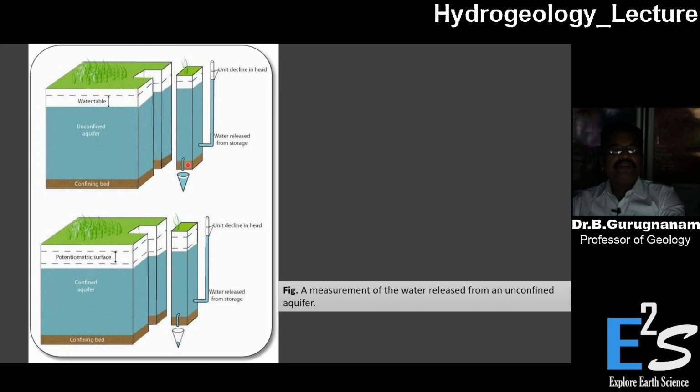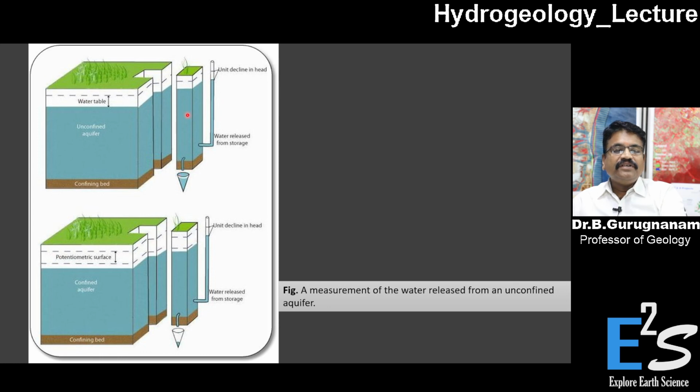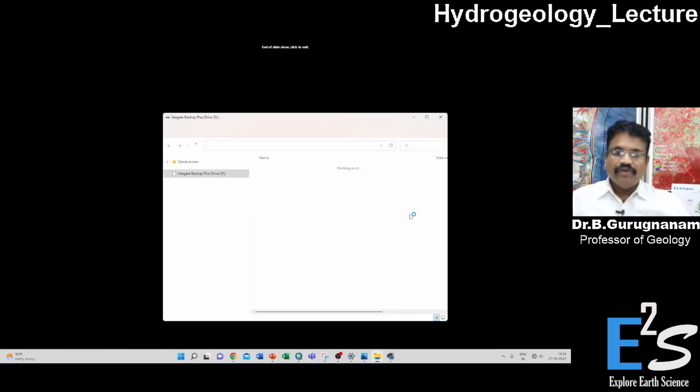Assume that you are keeping it in the lab, and this is the initial water level, and this is the present water level. This is the unit which declined, the water which is released and taken by its own gravity. And this method is normally used in a confined, unconfined aquifer, how this is behaving, in a confined aquifer how this is behaving. So this is how we normally measure the specific yield of the particular field.